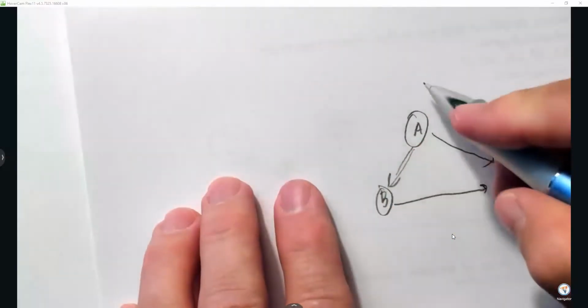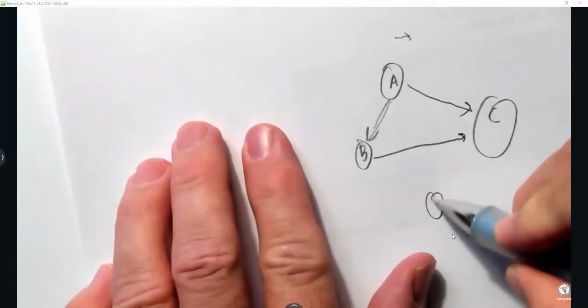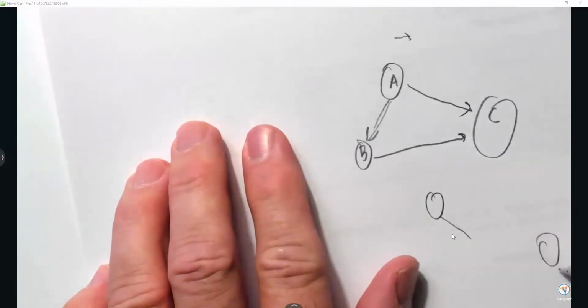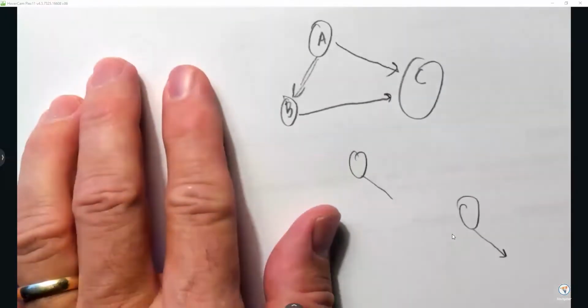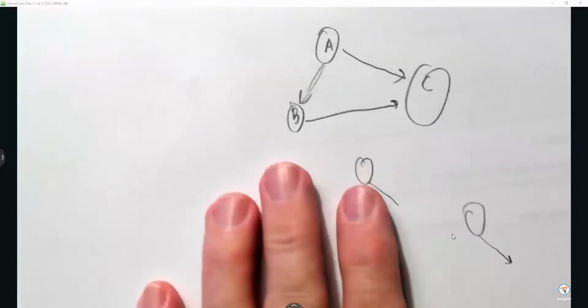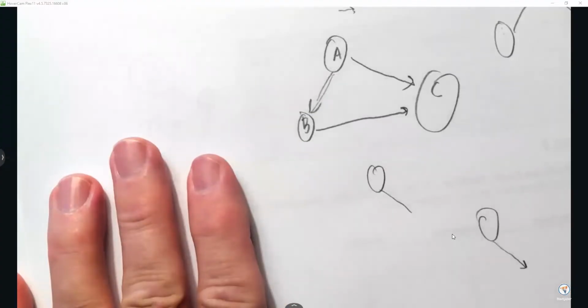Always make sure they're moving somewhere in this direction. Even something like this is okay. It doesn't have to be extremely straight ahead, but at least in that direction. And also avoid things where you're trying to draw it around here and this one's going to here.